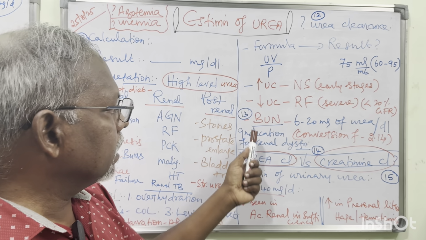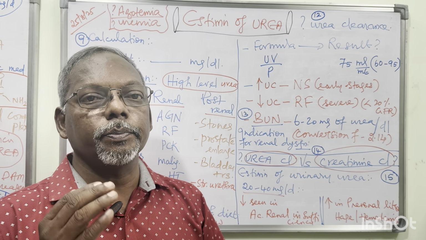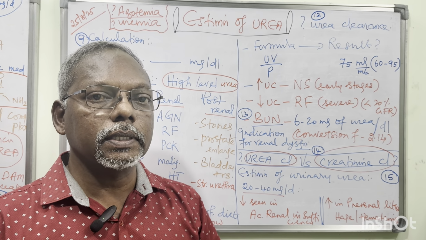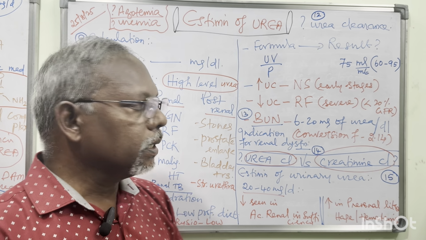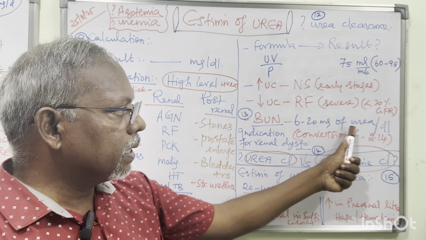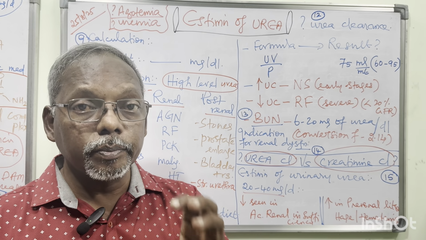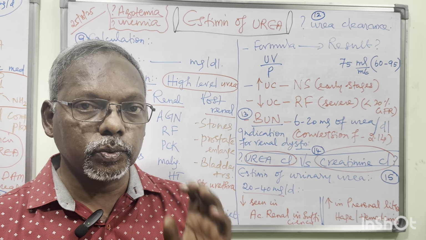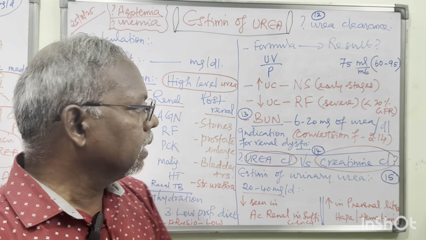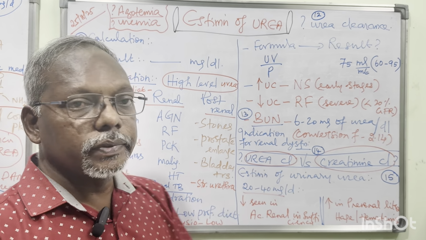After urea clearance, they will ask what is BUN, that is blood urea nitrogen. Sometimes serum urea is reflected in the nitrogen content in the blood. So 6 to 20 milligram per deciliter is the normal BUN value. This is actually one of the indications.